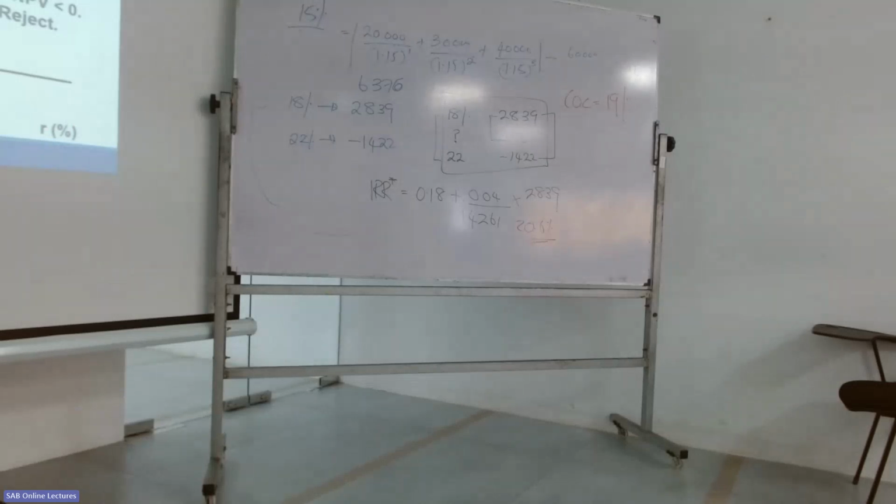Also, this is the point where the IRR is, because IRR is the discount rate when the NPV is 0.